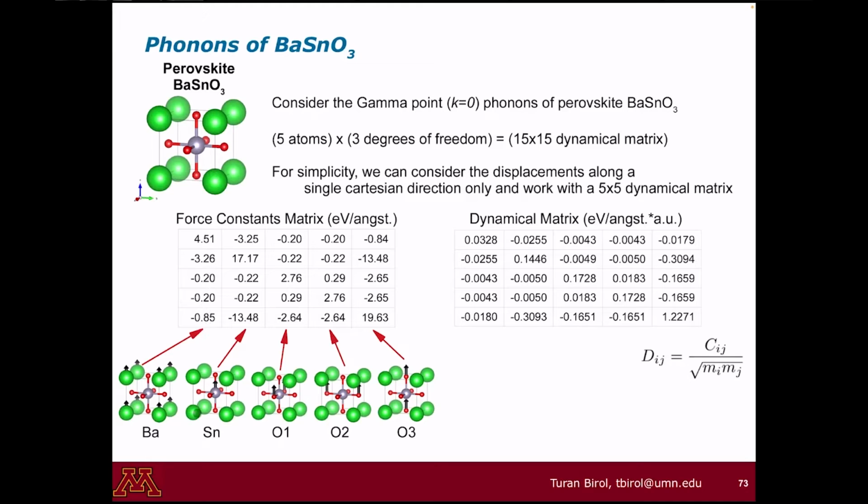And then you repeat this for tin and the 3 oxygens. And in the end, you end up with this 5 by 5 force constant matrix. This is literally something I copied and pasted element by element from the output of 5 different DFT calculations. So for each column, you have to do a separate DFT calculation.